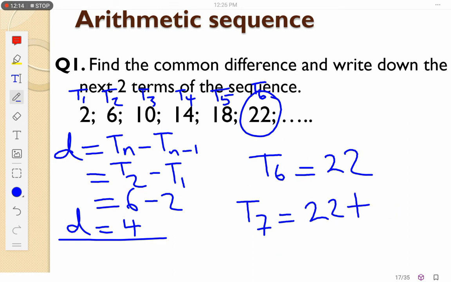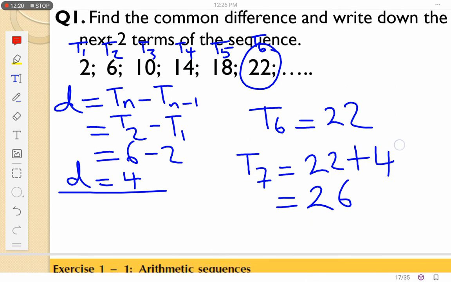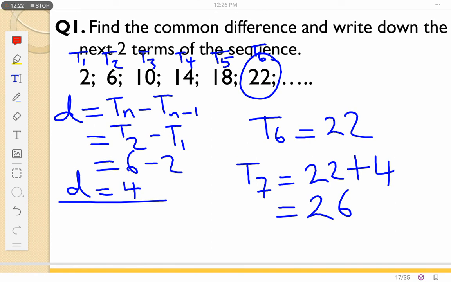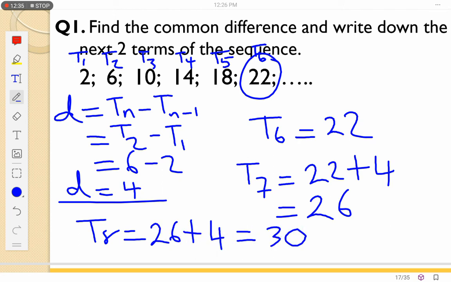I'll get it as 26. Okay, I do the same for the next one since they said 2. For the next one, I'll get T8. T8 is equal to 26 plus 4. I'll get 30. Okay, so those are the two terms.